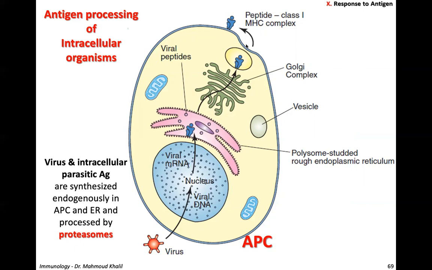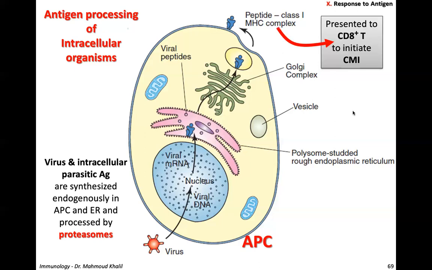So now this viral peptide, or any peptide from the intracellular parasite, which can be processed in the proteasomes, can be expressed on the surface of the antigen-presenting cell. Once it is expressed, it can be recognized by CD8 T cells, the CTL or cytotoxic T lymphocyte, to initiate cell-mediated immunity.